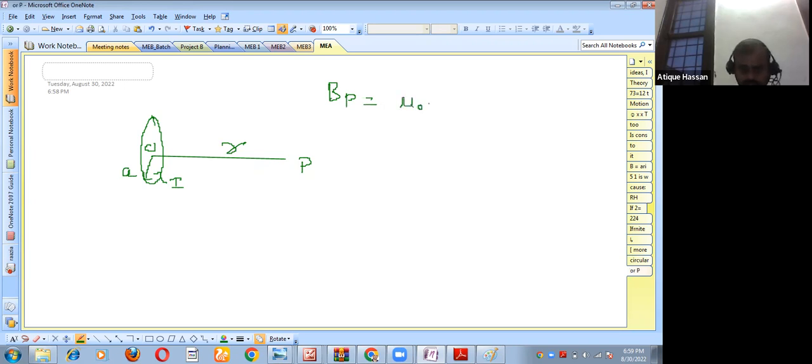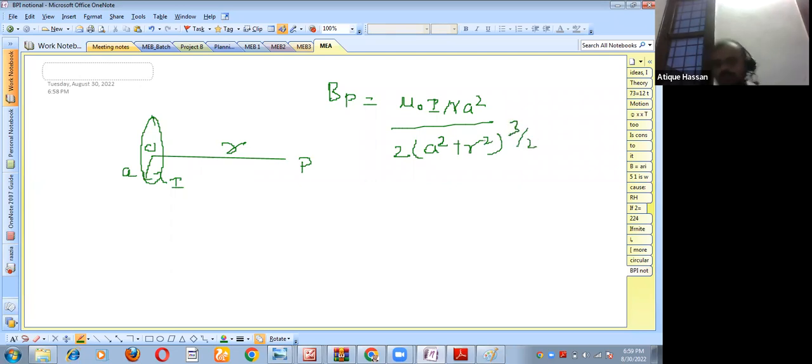It will be mu naught n I A square by 2 times A square plus R square to the power 3 by 2. This is the formula for magnetic field due to the circular ring at point P.